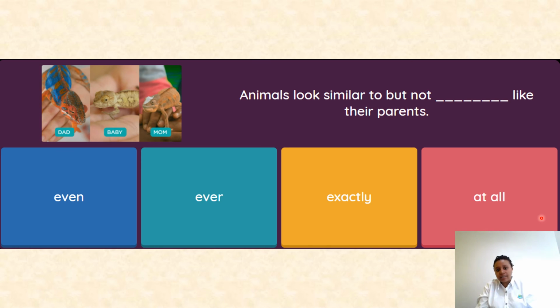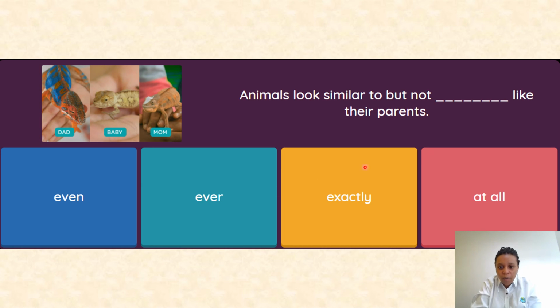So which one is it? Remember, traits have similar appearance, so they can look the same. So it can't be at all. So what is it? 3, 2, 1.